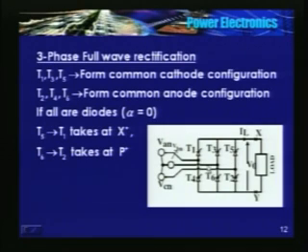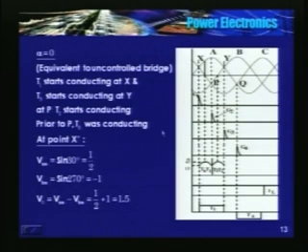Similarly, in the lower half, if you see here, this is the C phase, this is C and this is B. The diode which is connected to phase C starts conducting at P. And prior to C phase, the B phase diode should conduct.